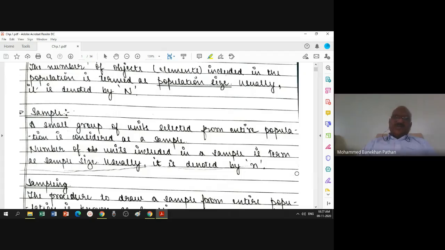Suppose I pick up 100 packets, and that factory produces 1,000 packets per day. So 1,000 is the population and 100 is the sample. After picking the 100, I test them. Suppose I found 78 are of good quality and 22 are of bad quality.